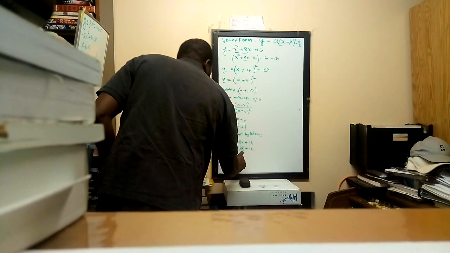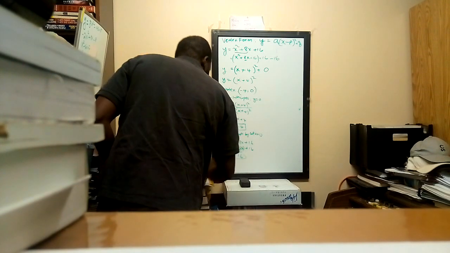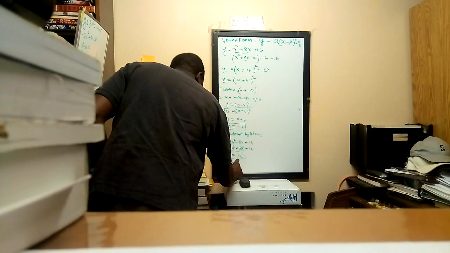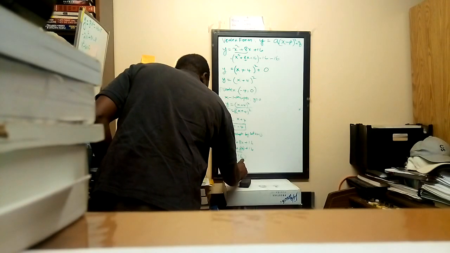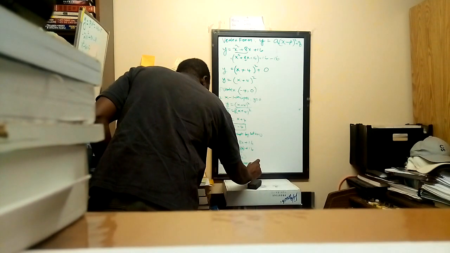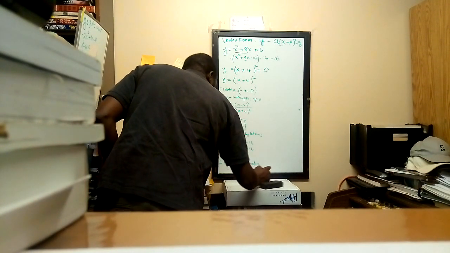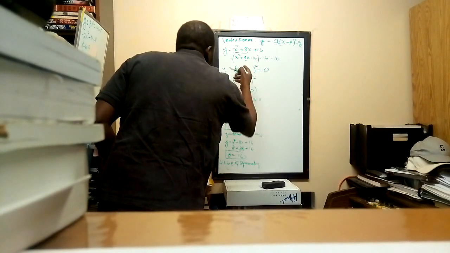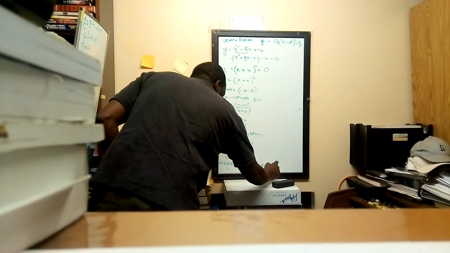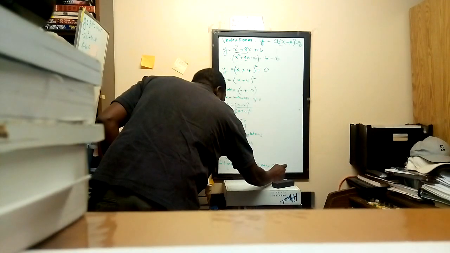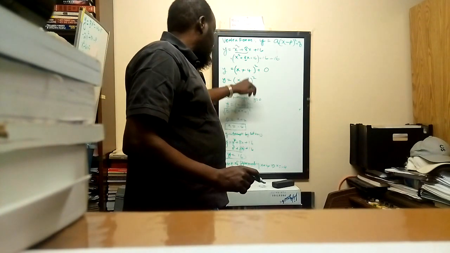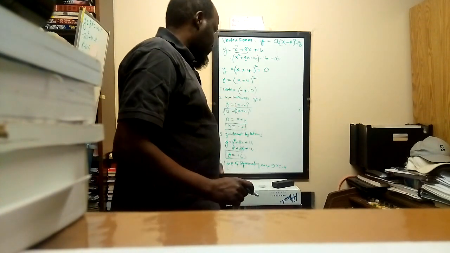Our y is 16. That's the y-intercept. Last one is the line of symmetry, given by letting the inside of the vertex form, x plus 4, equal 0. When we solve it, x is -4. The line of symmetry is always the same as the value of p.